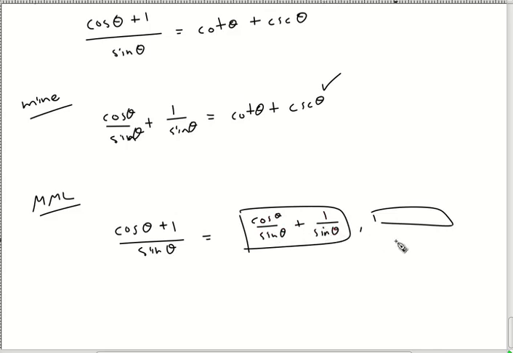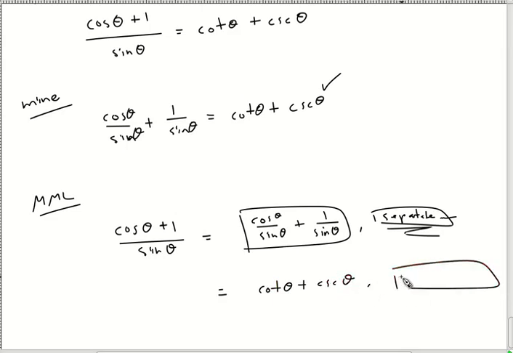Because that's just what it takes sometimes. Separate. Okay, great. So we just split up our denominator. Cool. And then they say, oh, look, that's cotangent plus cosecant. Woohoo. Wow. This looks oddly familiar.